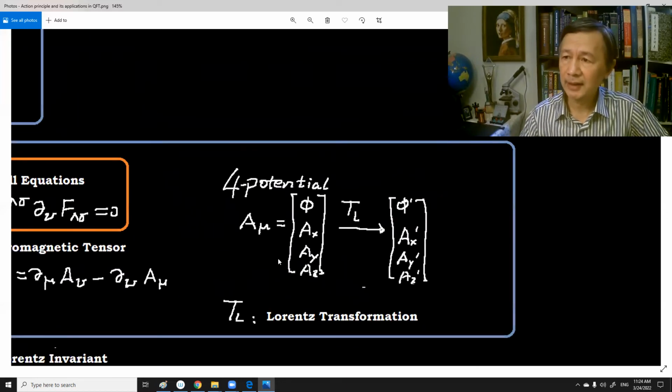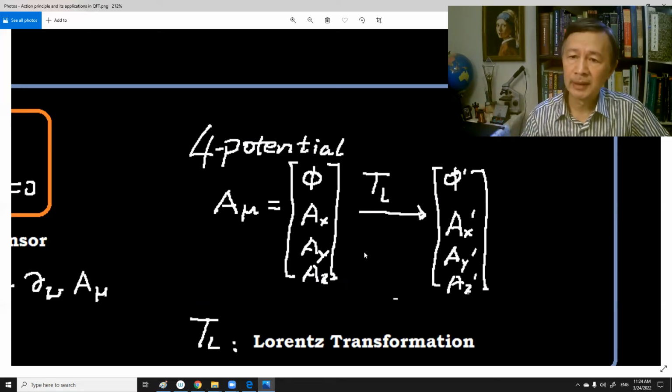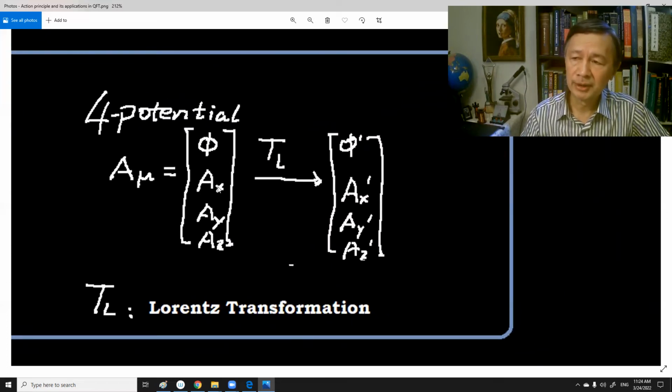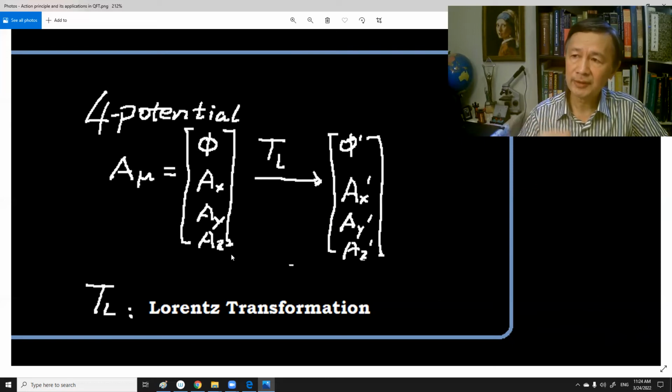I think I discussed this four potential before in the classical field theory. These four potential include, as the first component, the ordinary electrical potential, but the last three components represent a vector potential. So if we combine these variables into a four-dimensional vector, then we can obtain the four potential.